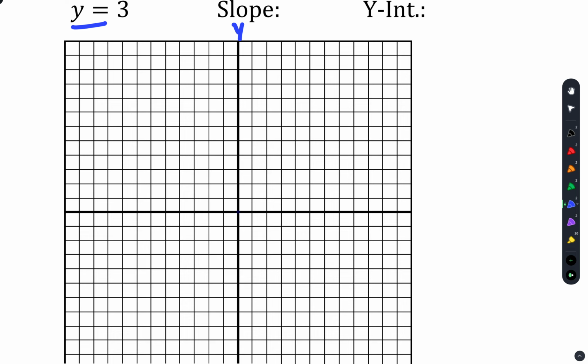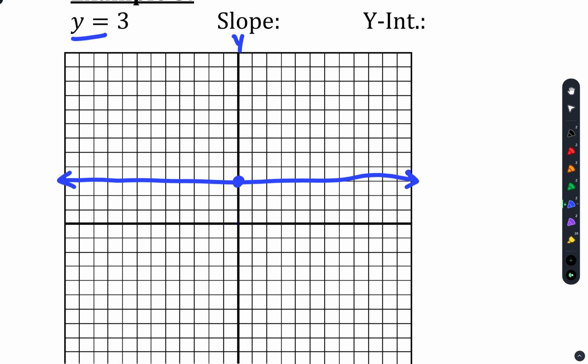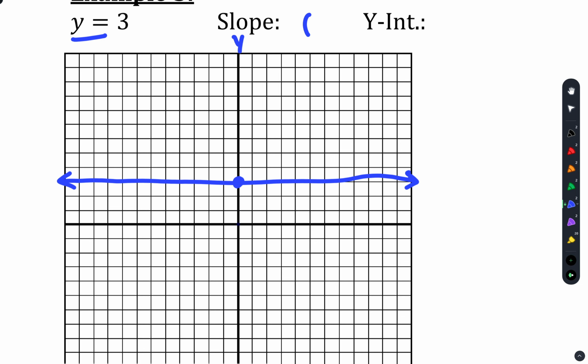Okay, here's my y-axis. I'm going to look for where 3 is on my y-axis, and I'm going to draw a horizontal line through 3. What's the slope? What's the y-intercept? That's it.